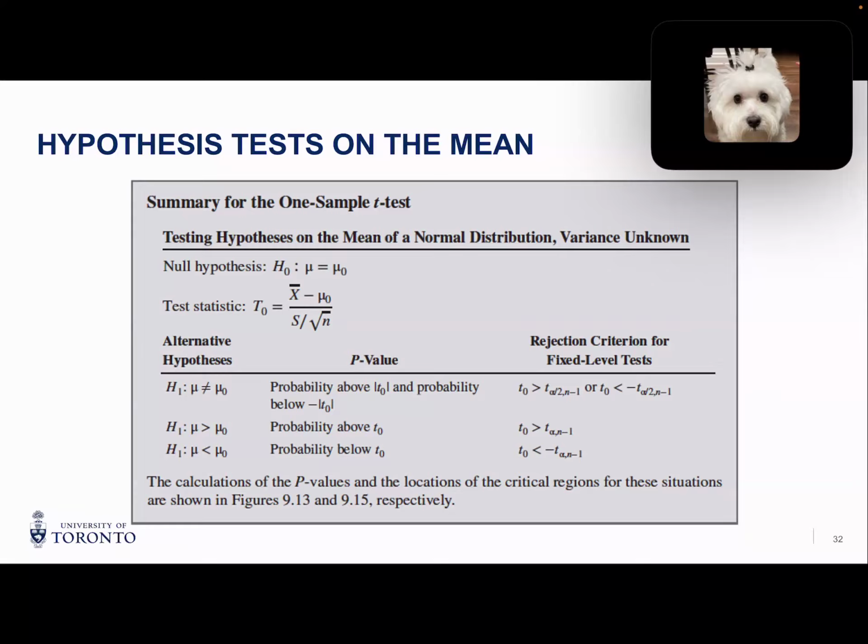Right? So for the normal distribution, again, we have to assume that our population is normal. If we can assume that, but we don't know the variance, then it's the same equation as a normal distribution for our test statistic, except now we're going to use the sample variance rather than the population variance. We use that as an approximation.